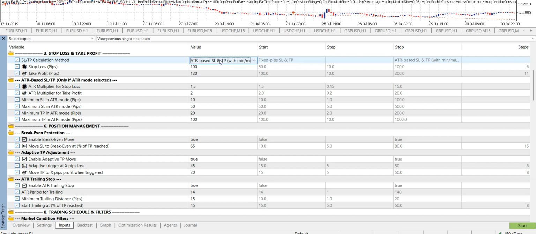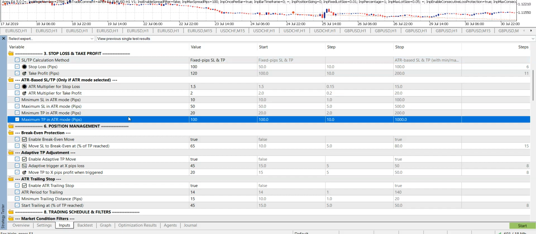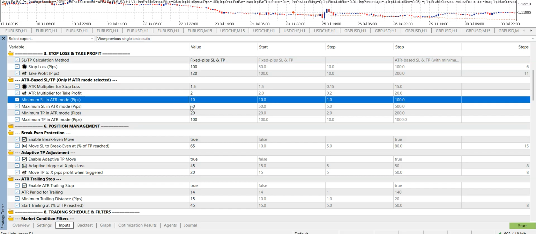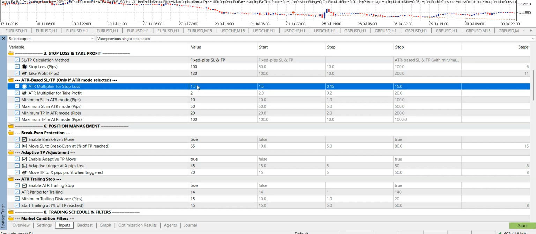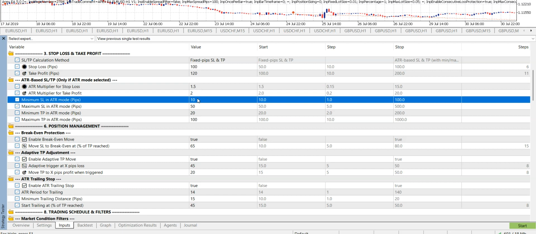And actually I was thinking about it, and I was not really satisfied with the basic one, and therefore I added the minimum stop loss and minimum take profit and maximums as well. So for example, if you set an ATR multiplier to 2, 3, 4, 10, whatever, your EA can't take too large or too small a take profit and stop loss.